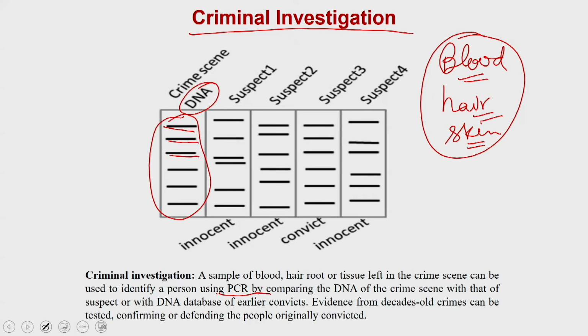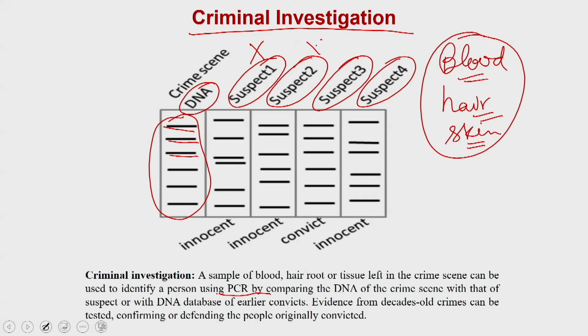Now, you are going to analyze the blood of the suspects, and in this case we are showing 4 suspects, suspects number 1, 2, 3 and 4. You can see that suspect number 1 is showing a pattern which is not completely matching the DNA you got from the crime scene.